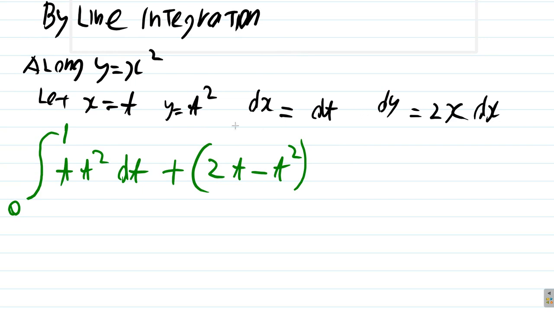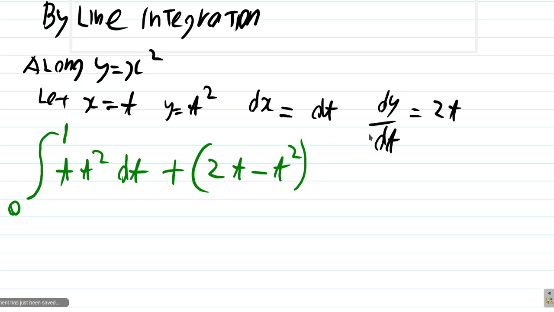Oh, what did I do here? I need to go back to this thing here. Let me redo this part, because I accidentally wrote dx instead of dt. If you have y equals t squared, then dy by dt is 2t.